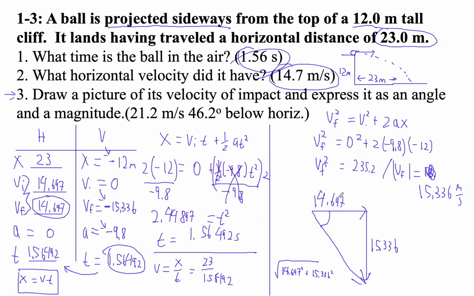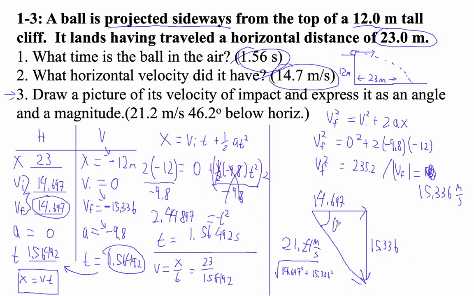Let's see if I can do that. Square root of left parenthesis, the answer I just got, squared, plus the 14.697 squared. Let's see what I get. 21.24. So I'm getting that this magnitude here is 21.24 meters per second. That, by the way, is the speed that it hits, right?